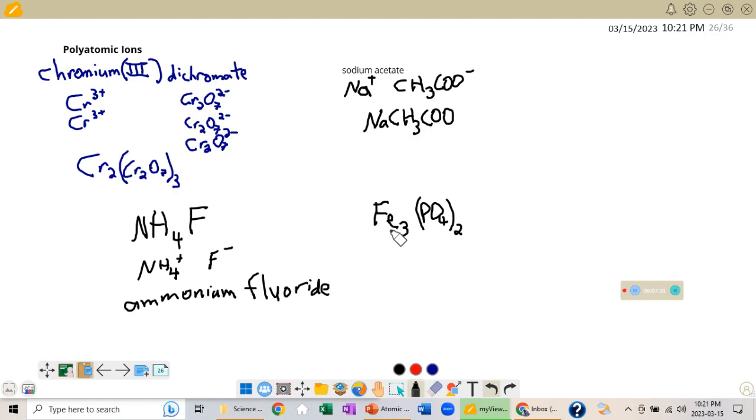So I've got an iron, that's my Fe, and I find PO4, and I look and say, oh, that's phosphate, not phosphide. Now I've got to look and say, okay, well, phosphate is PO4 3 minus, and I have 2 of those.